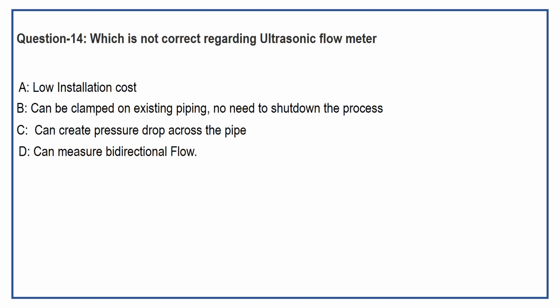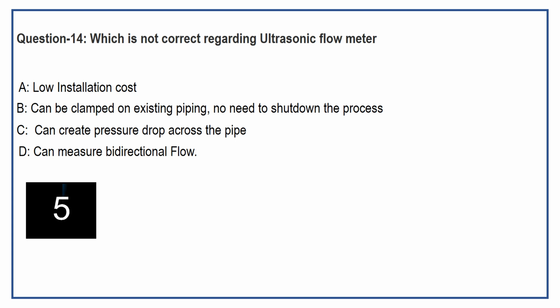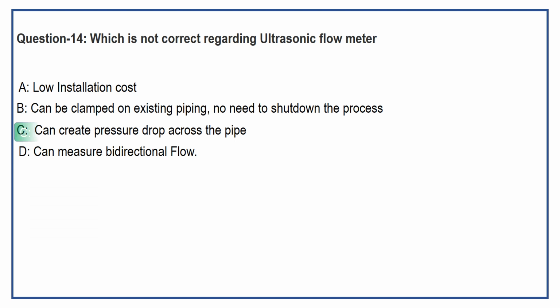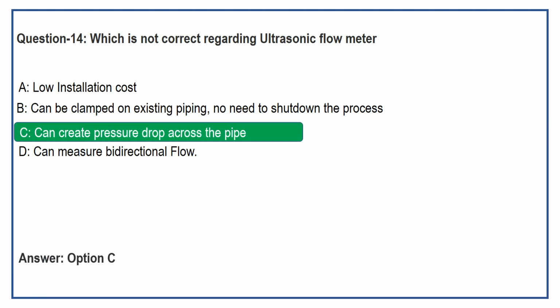Option C, it can create a pressure drop across the pipe. Or option D, it can measure the bidirectional flow. And the correct answer of this question is option C. It creates a pressure drop across the pipe.